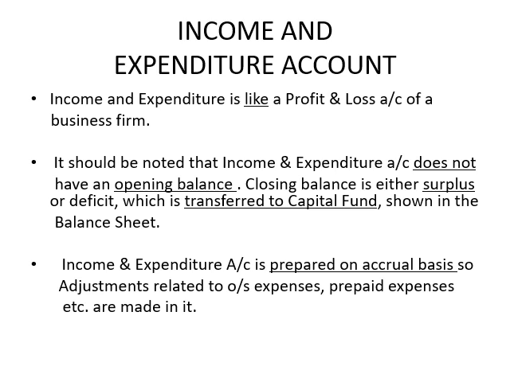Or if there is an excess of expenditure over income, it is called a deficit. Both results are entered into the capital fund in the balance sheet. If there is a surplus, it will increase the capital fund. If there is a deficit, it will reduce the capital fund in the current year's balance sheet.